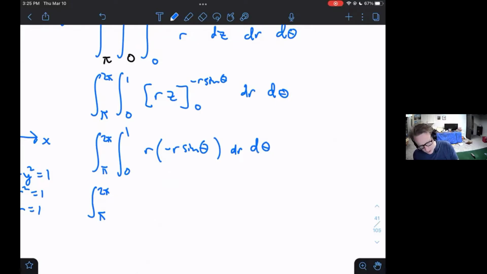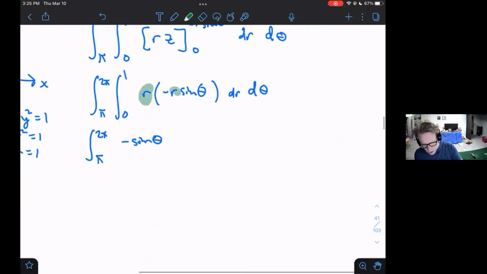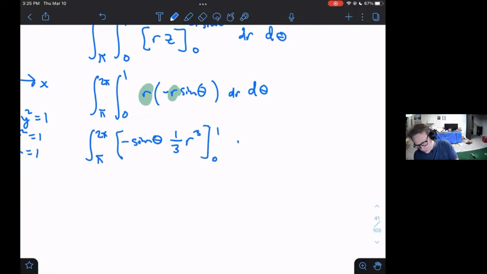Now let's integrate with respect to r. We have a negative sine of theta, which is going to be constant. It doesn't really depend on r at all. And notice that I have an r and an extra r, right? So that's r squared. And if I integrate that, I'm going to have 1/3 r cubed, and I need to evaluate this from 0 to 1. If I plug in 0, I get 0.